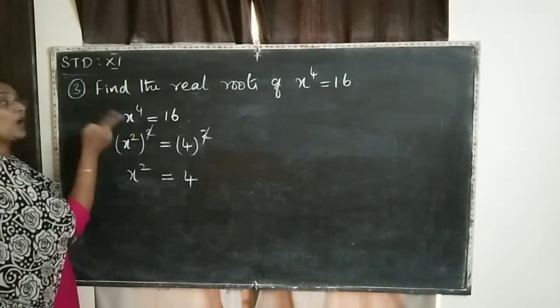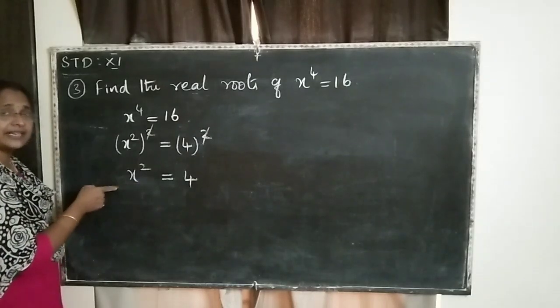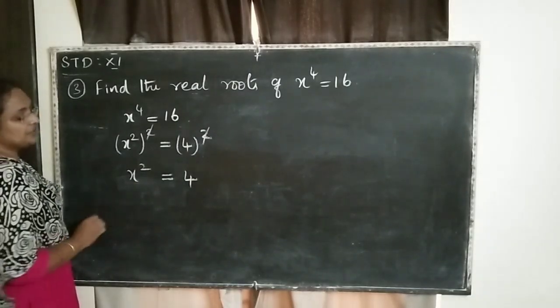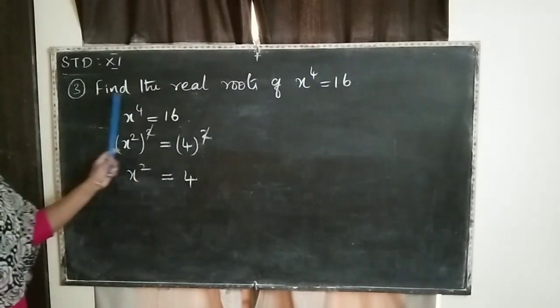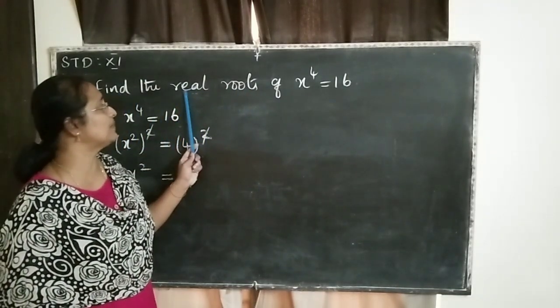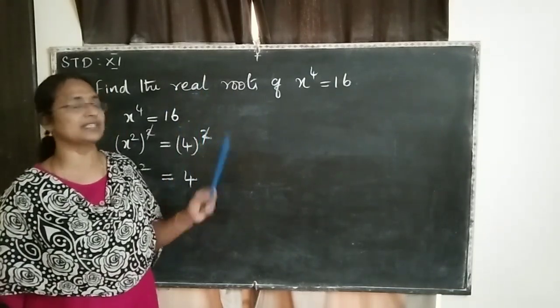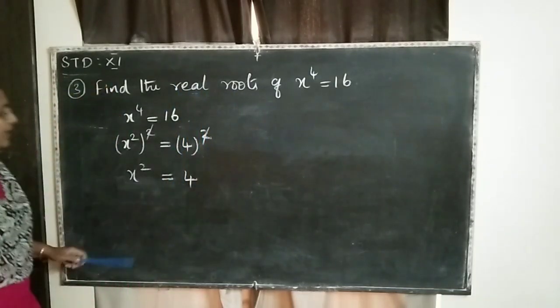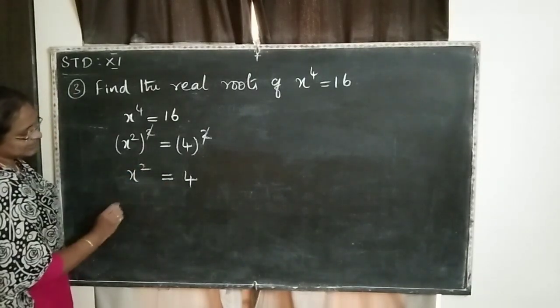Now this quartic polynomial expression is converted into a quadratic expression. Now as usual, I have to find the value of x, because I am supposed to find the roots, that too very specifically real roots, not the imaginary roots. In order to eliminate the square, I am going to take square root on both sides.